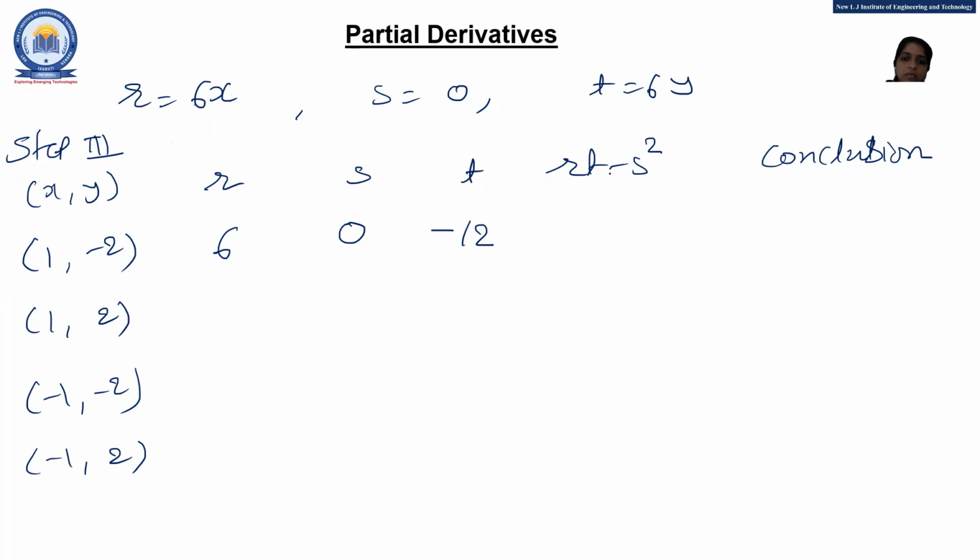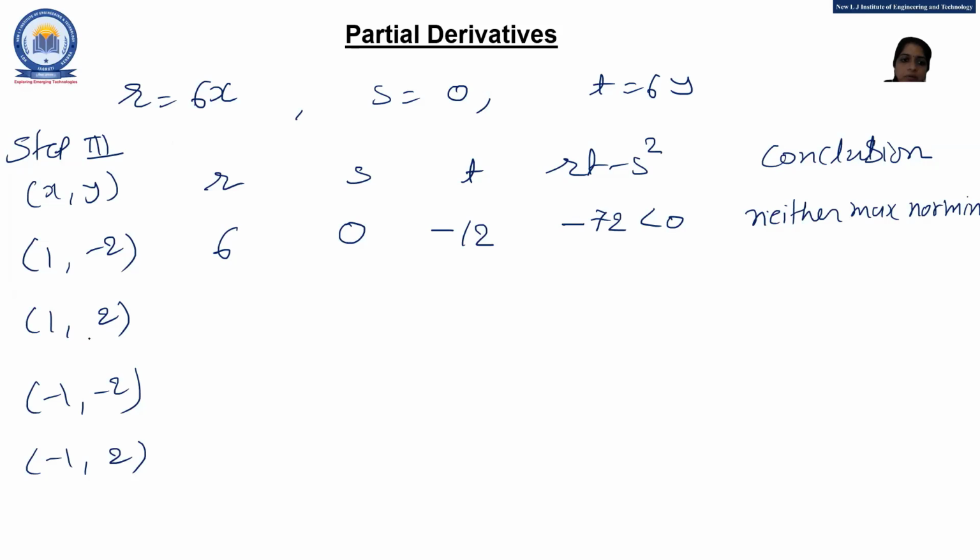So RT minus S square, that is minus 72, right? So this is less than 0. And for RT minus S square less than 0, this one is a saddle point, or we can say it is neither maximum nor minimum value.